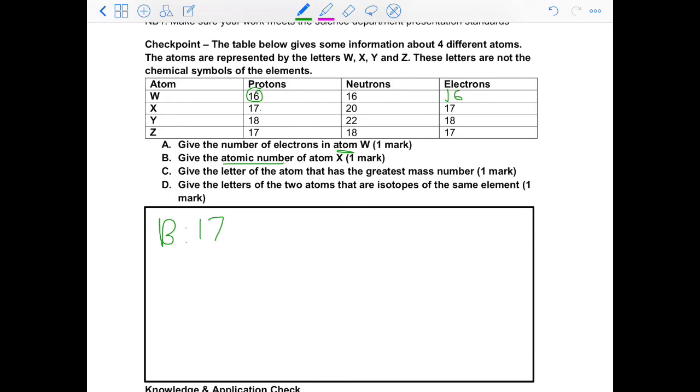The letter of the atom that has the greatest mass number. So we know that our mass number is our protons plus our neutrons. And if you add up protons plus neutrons for each of them, you'll find that for question C, Y has the greatest number of protons plus neutrons, so it has the greatest mass number. And for D, the letters of the two atoms that are isotopes of the same element.